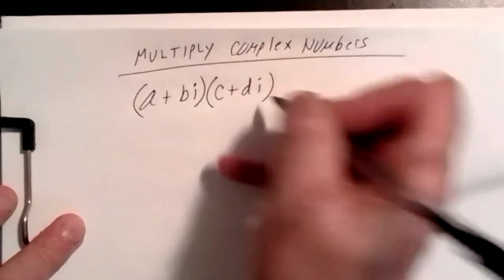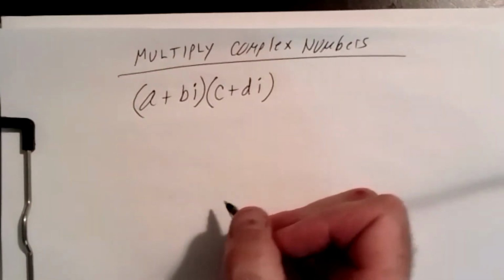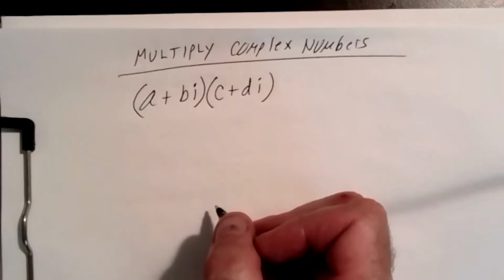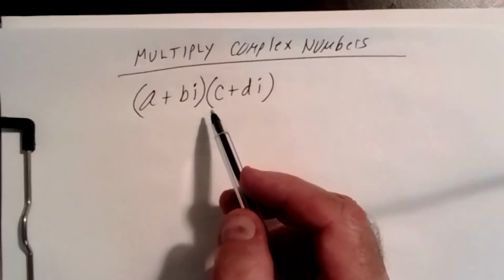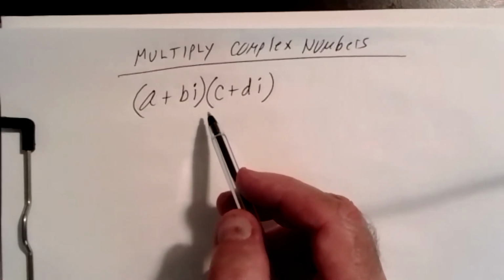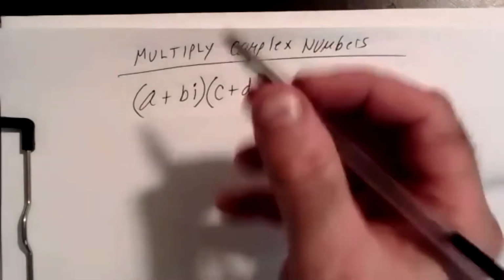How do we do it? I'll tell you what, we're going to borrow an algorithm we used so many times in the past. Anybody remember the name of that algorithm? It's kind of like multiplying two binomials together, ladies and gentlemen. We're going to use what algorithm?